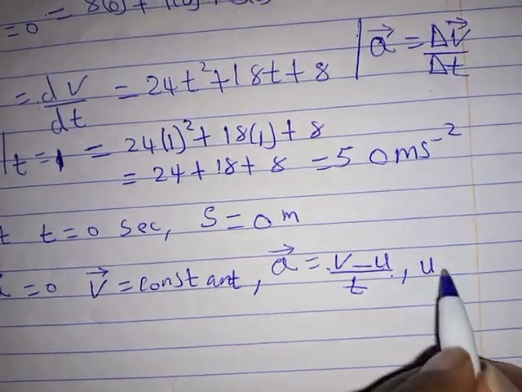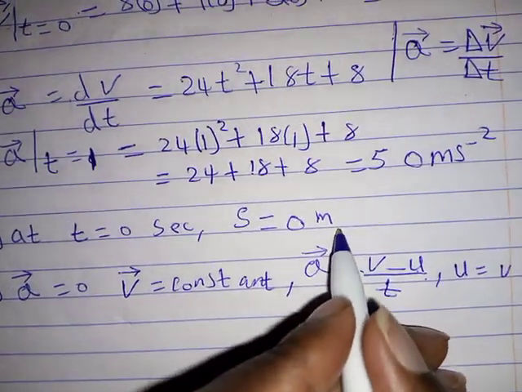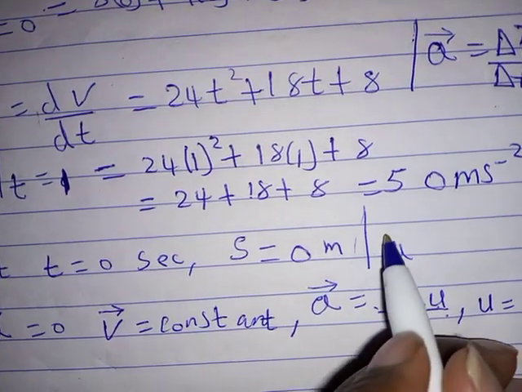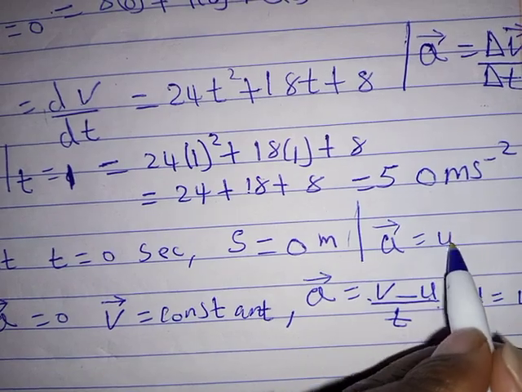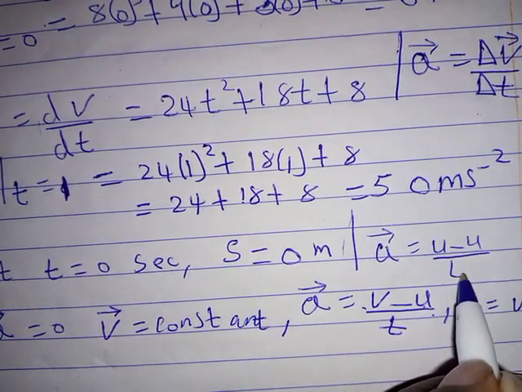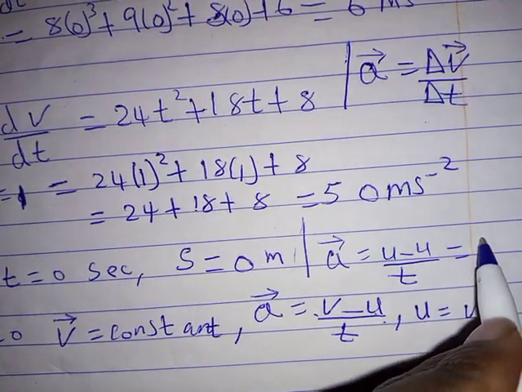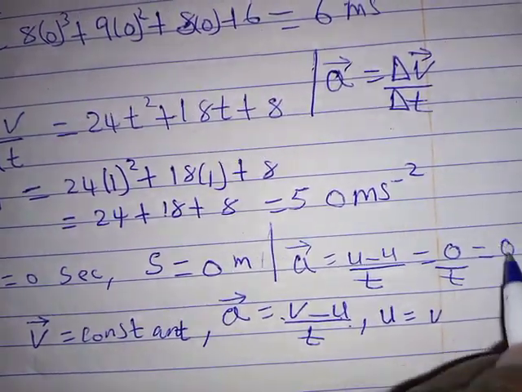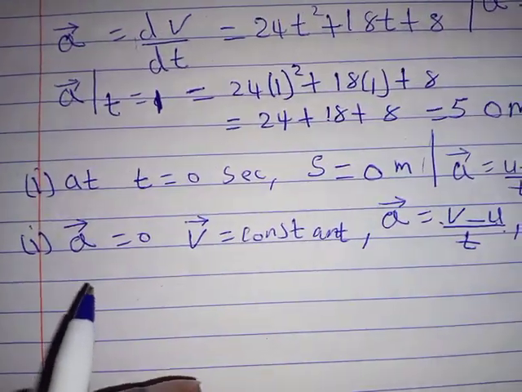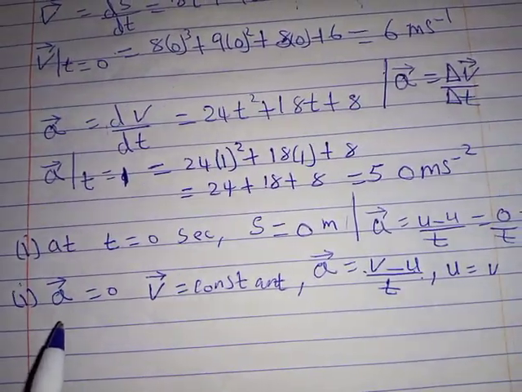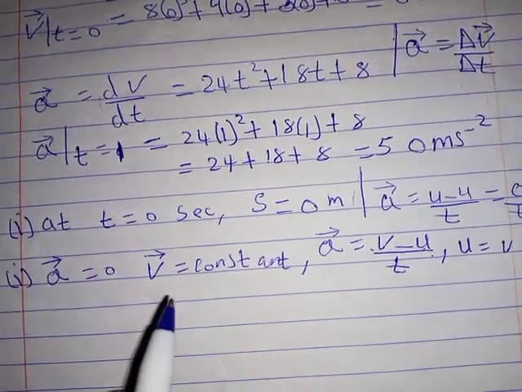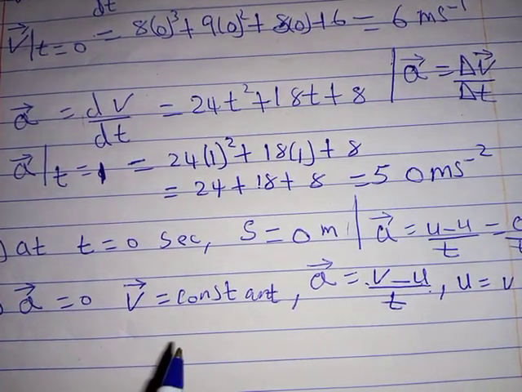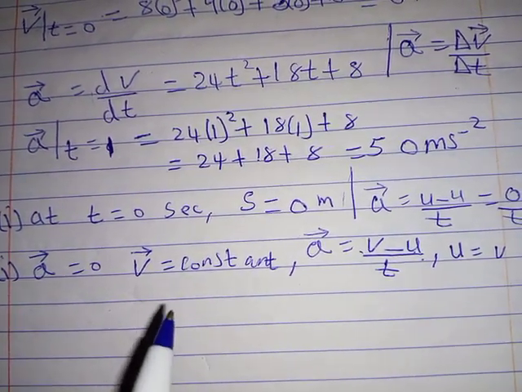If you have u is equal to v, it implies that a is equal to u minus u over t, which is equal to 0 over t. Any 0 divided by any number is 0. So that is why acceleration is equal to 0 when velocity is constant.